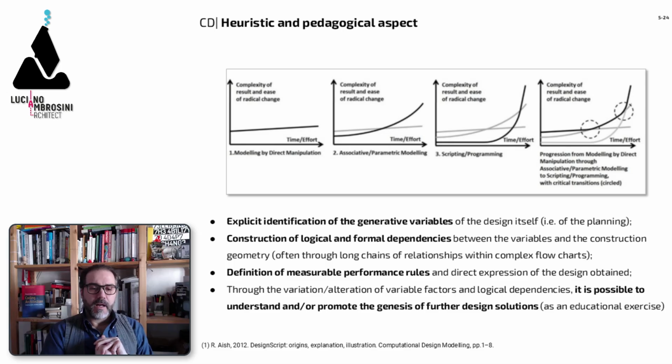In this slide, I share with you the Aish studies. The four graphs represent how a different approach to the modeling stage can increase the capability of the designer to deep dive into the given problem. For instance, in the first graph, when a designer models by direct manipulation, he can quickly obtain interesting results for his modeling effort.